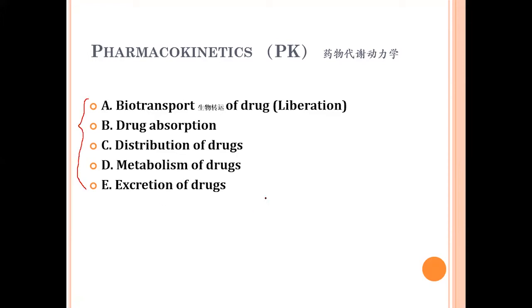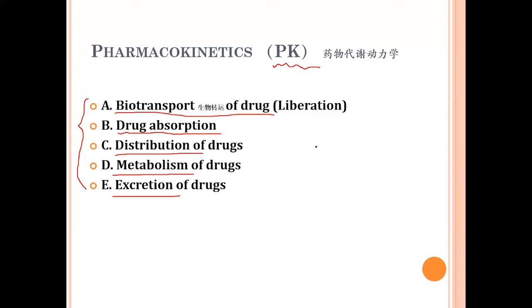They pass through the cell membrane first. And then we're talking about drug absorption, drug distribution, drug metabolism, and finally excretion. So that's five aspects together. That's PK. That's PK.